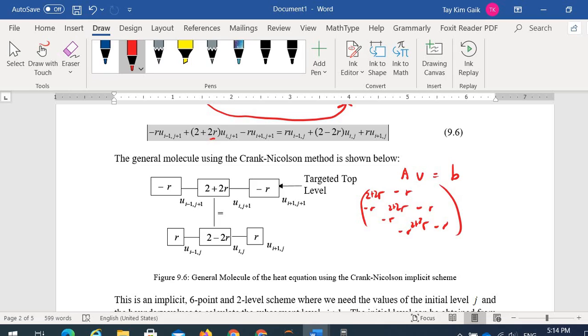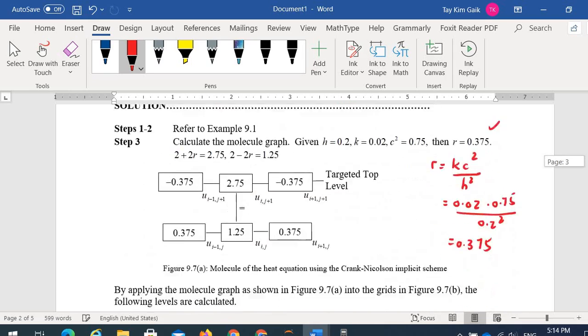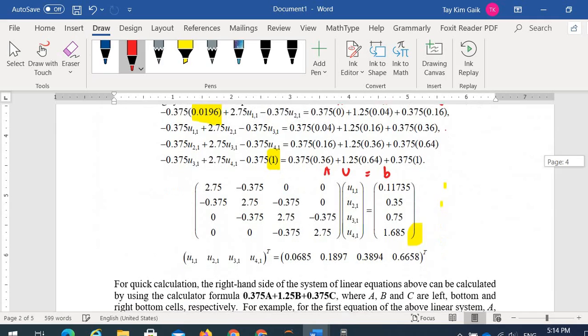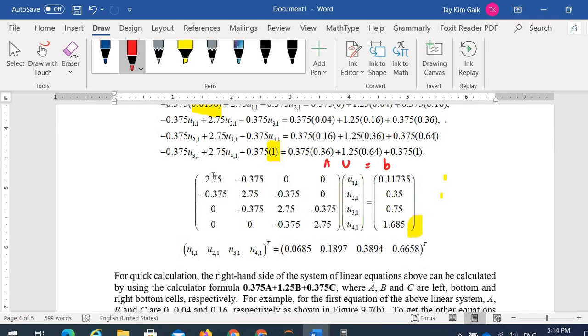You get a tridiagonal matrix AU equal to B, where the main diagonal is 2 plus 2R, the center top of the molecule. The off diagonal is the left top and right top, and the coefficient is negative 0.375.